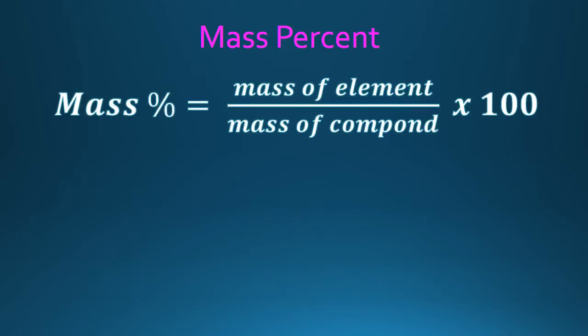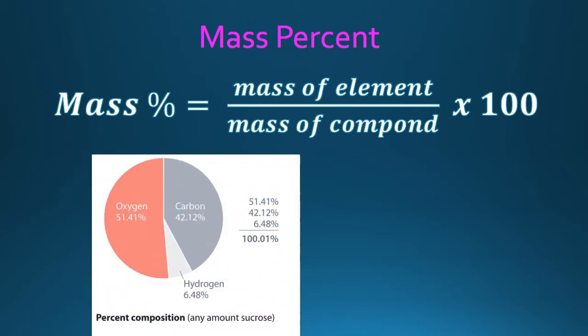Remember when we did mass percent of an element? See, no matter how much you have, the percentage of each thing does not change. For example, if you were to make a batch of cookies following the recipe exactly, it doesn't matter if you make 1 batch of cookies or you make 100 batches of cookies.